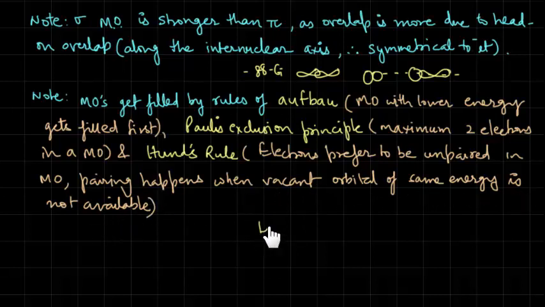So again, 1s and 1s: this can hold 2 electrons, this can hold 2 electrons, and if a bond is forming, it will give rise to 2 molecular orbitals. One is bonding, which in the case of s and s will be something like this, and the anti-bonding will be something like this.